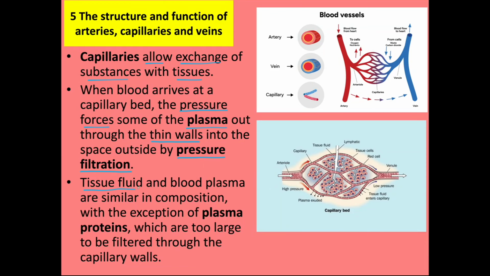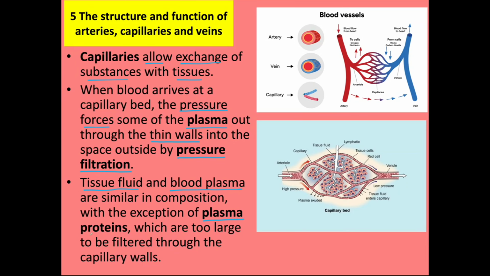Now the tissue fluid, which surrounds the cells, and the blood plasma, which is obviously in the blood, are very similar in composition. So the things inside both of them are very similar, with one notable exception that you do need to know about for the exam because they do ask this a lot.